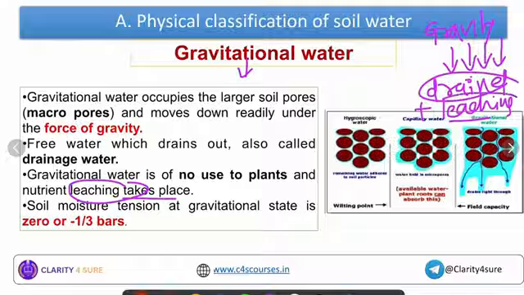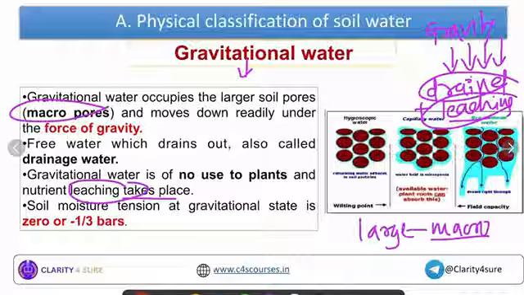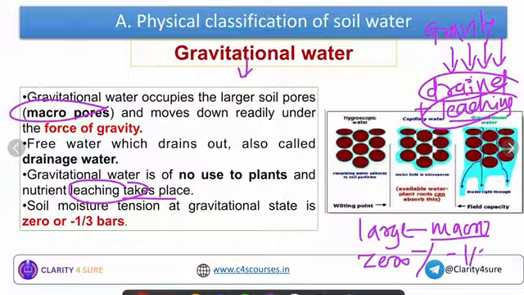As it is easily drained out, it must be present in the macropores, the larger pores. And if it is easily drained out, it must be held with a low soil moisture tension, as low as 0 or could be minus 1 by 3. I hope the point is clear here.